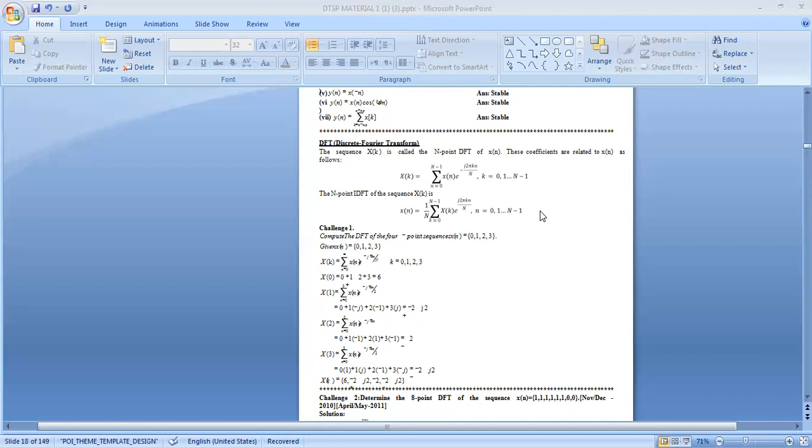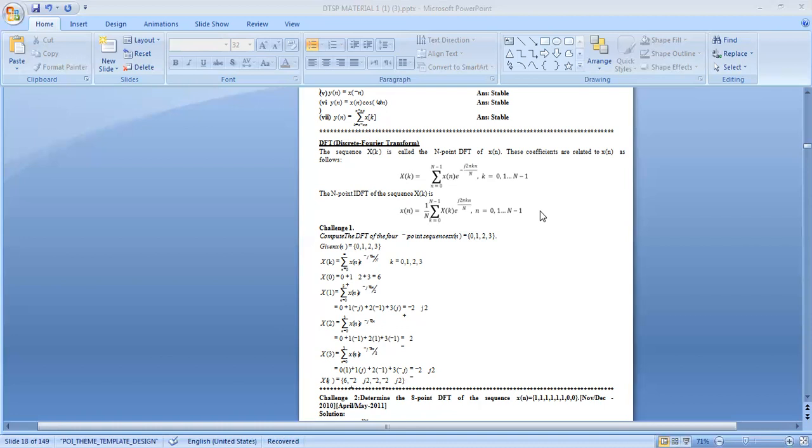Then plus x of 2 into e power minus j 2 pi by 2. So 2 and 2 will get cancelled, and we get the value to be pi. Plus x of 3 into e power minus j 3 pi by 2.